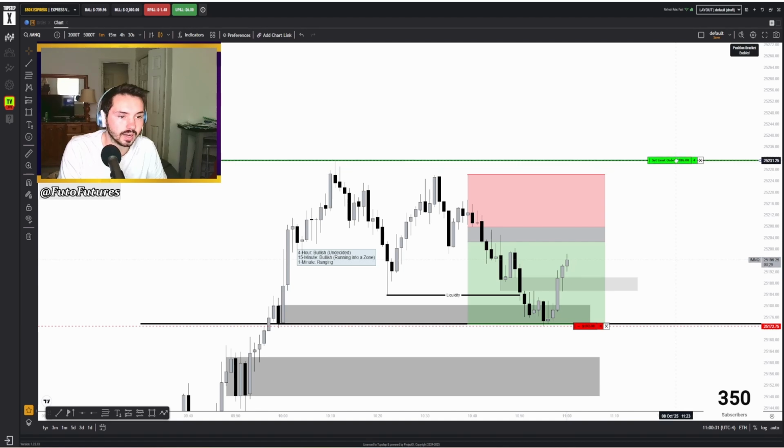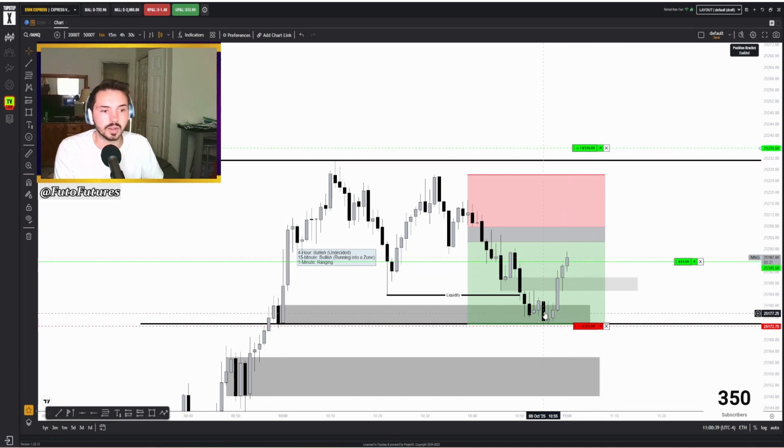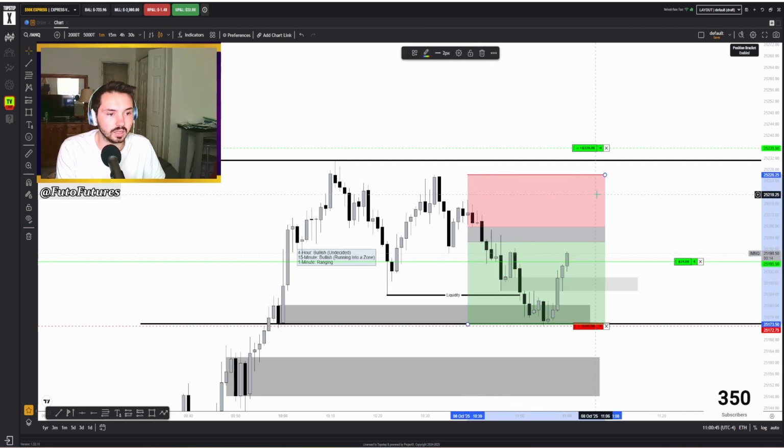So my area that I have marked right here that you're looking at, this would be my rejection zone. This is the area that I would be worried about it closing below or having struggles getting over.